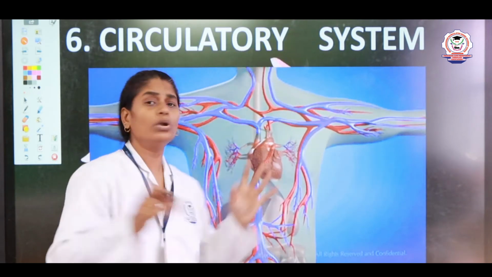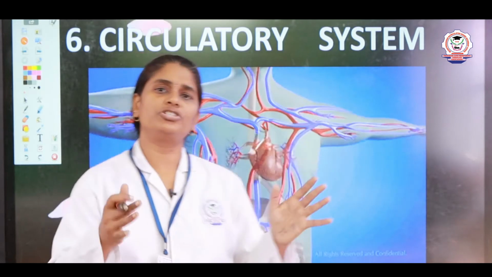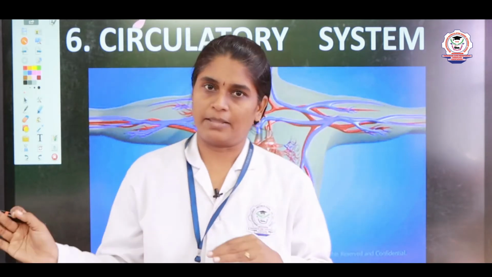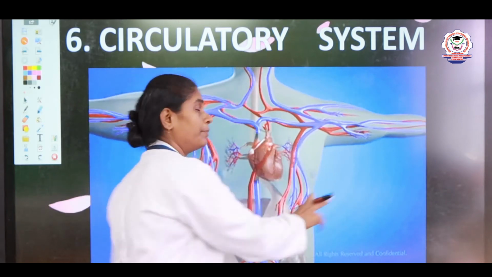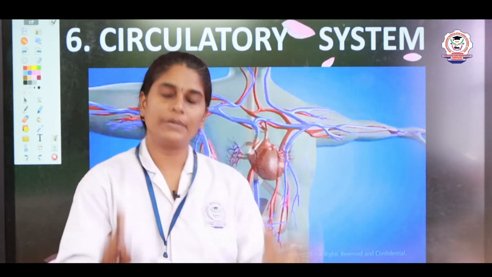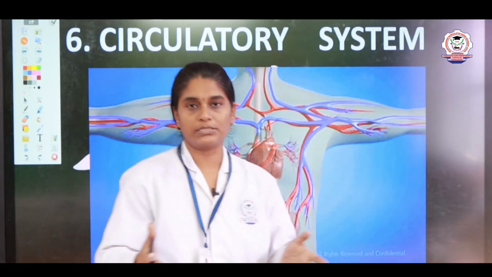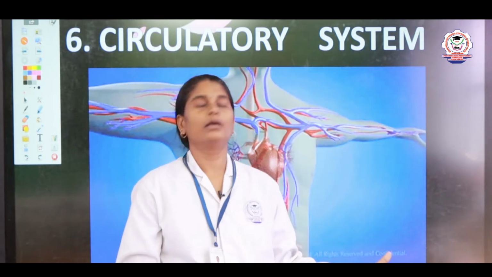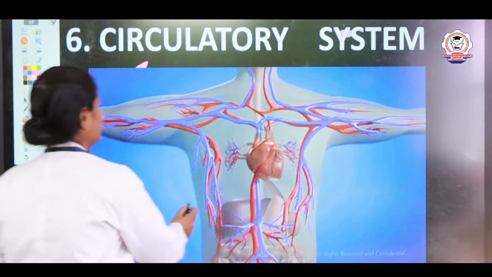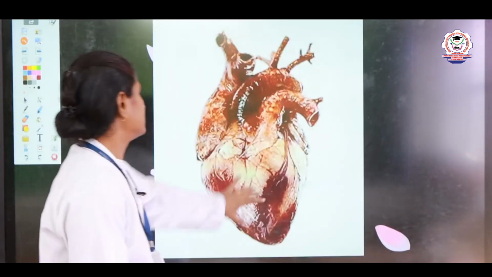The heart is the only organ that functions throughout our lifetime, right? And the heart is made up of cardiac muscles. These cardiac muscles work throughout our lifetime, right? And you can also see the heart is conical in shape, right?